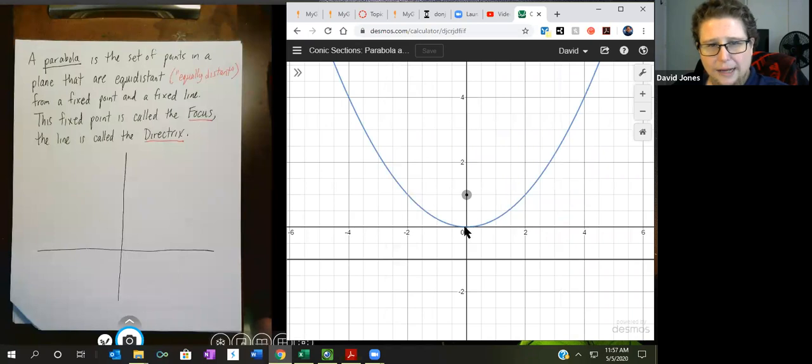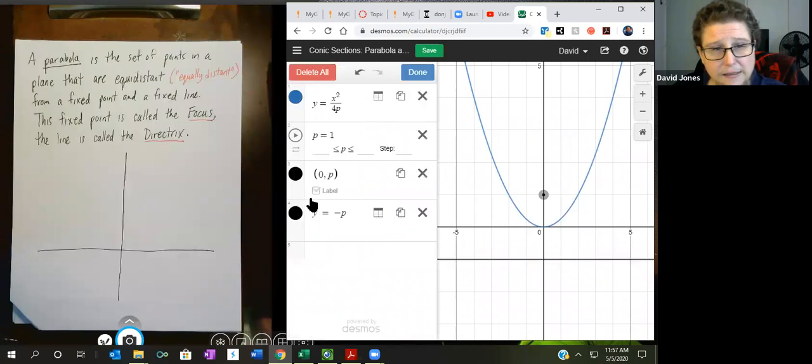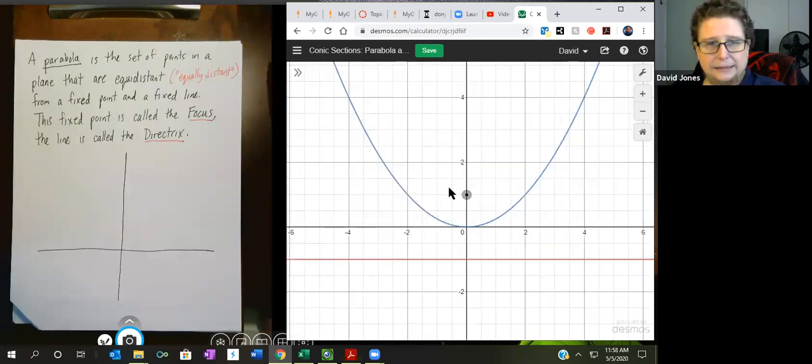This is y equals x squared. This here is the focus. Let's see if I can change the directrix color. So this is what they mean by equally distant.